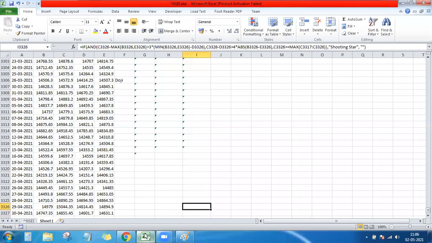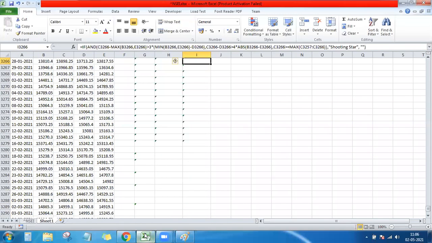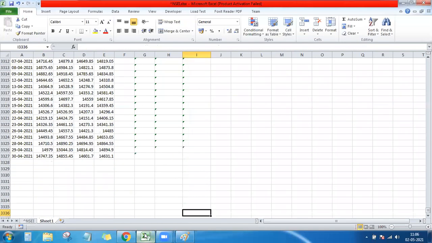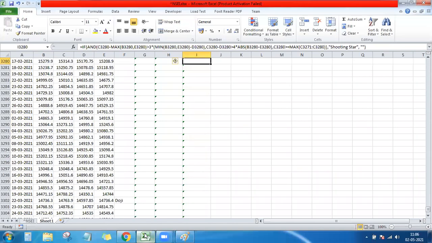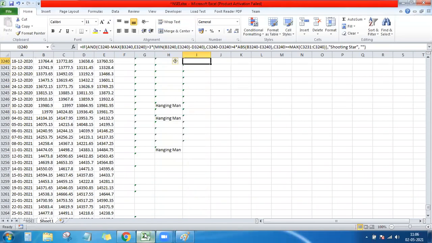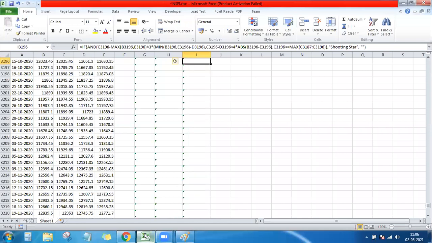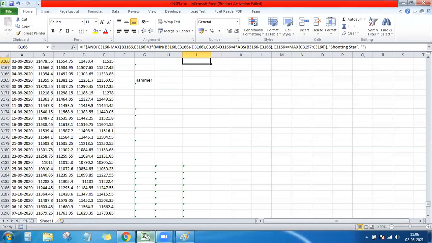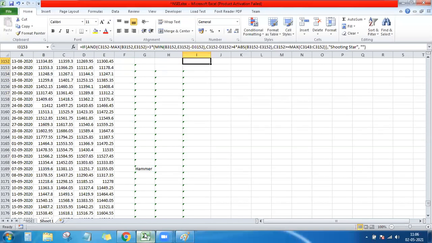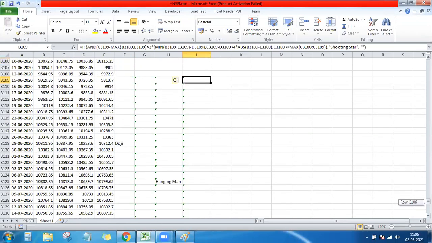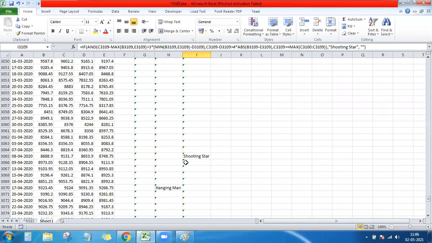And the latest one that we have, the shooting star, is on 8th April 2020.